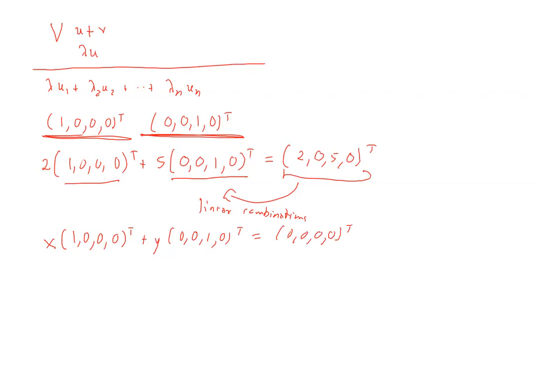So here you would see that this pretty much ends up being this. So the only way that the linear combination of these two vectors is the 0 vector is if x is 0 and if y is 0, right? There's no other way. So this would mean again that these vectors are linearly independent.